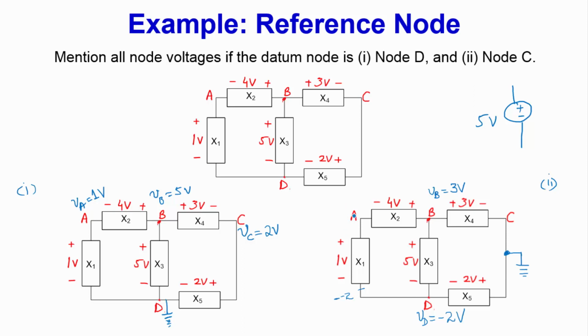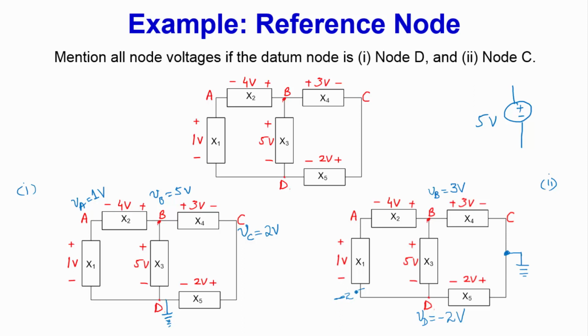Now let's find out the potential or node voltage at A. X1's polarity enforces that its negative terminal is 1 volt lower than the positive terminal, or its positive terminal is 1 volt higher than the negative terminal. Now the negative terminal is minus 2 volts.